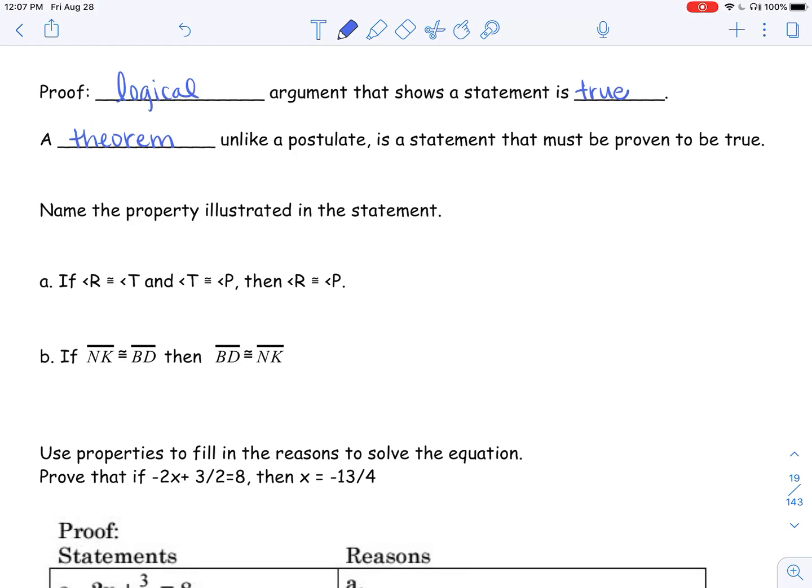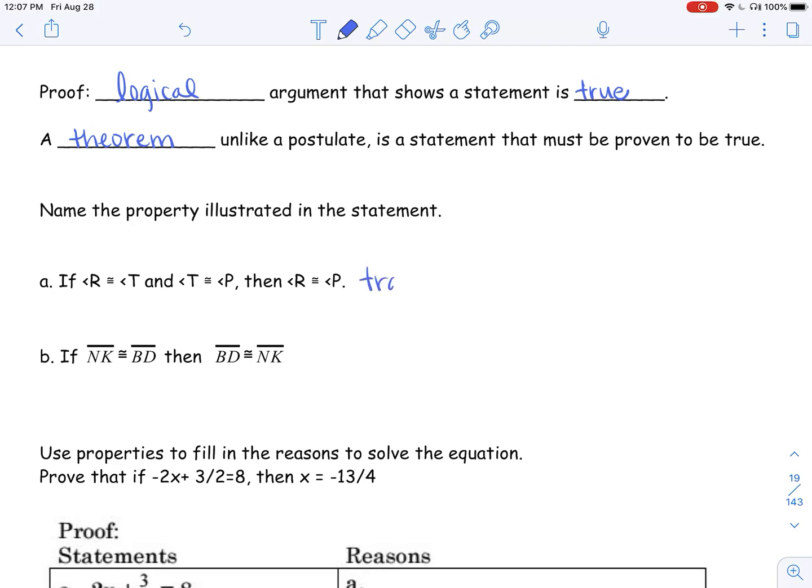Okay, so name the property illustrated in the statement. If R is congruent to T and angle T is congruent to angle P, then angle R is congruent to angle P. There are three pieces here.